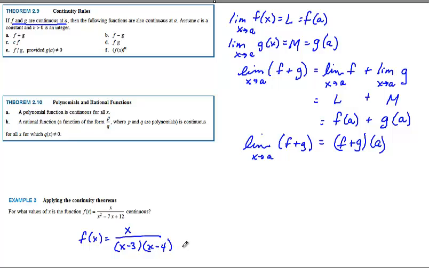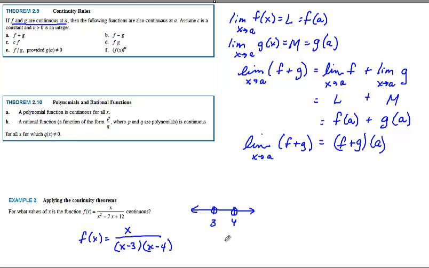I see that I'm going to have discontinuities at x equal 3 and x equal 4. So that means, if I look at a number line and know that at 3 and at 4 I've got these holes, I'll write this in interval notation.